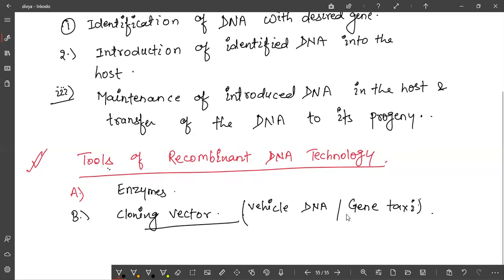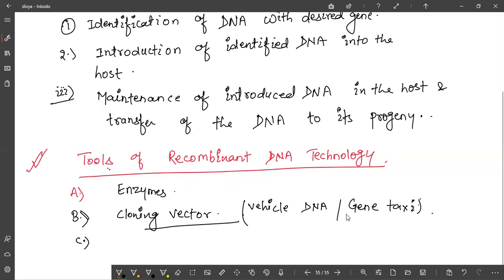And next, in recombinant DNA, we saw that one vector DNA is used.